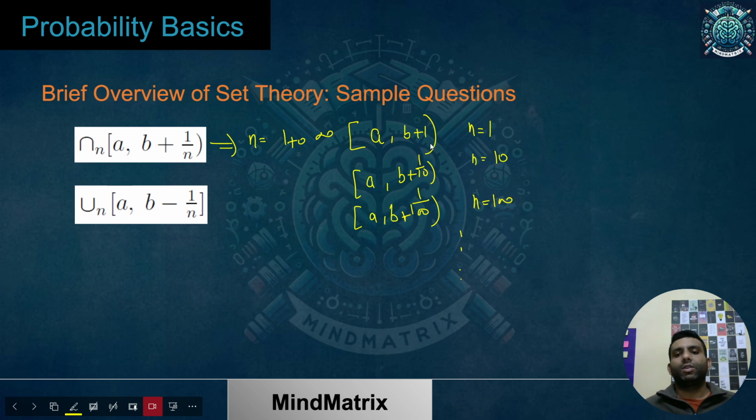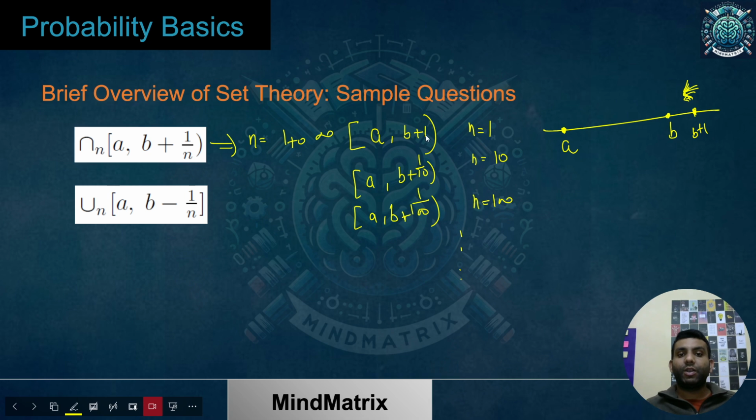If I draw a number line, you'll realize that a was already included, and if I say this was b, then this was b plus 1. When I'm doing b plus 1/10, I'm coming this side, because 1 is greater than 1 by 10, and 1 by 10 is greater than 1 by 100. As I'm increasing n, I'm moving towards the left.